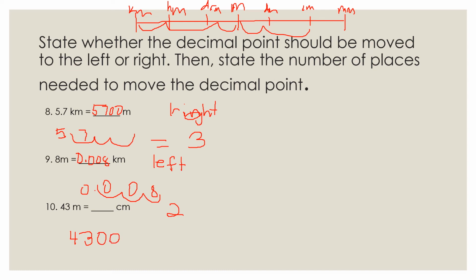Our answer is 4,300. We need to put 2 zeros. So, it's 43 meters, so add two zeros. That means that's 4,300 centimeters. Okay?